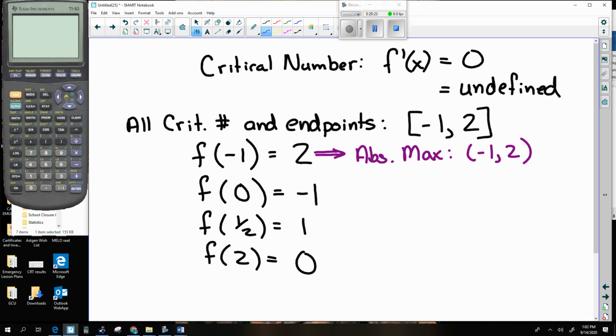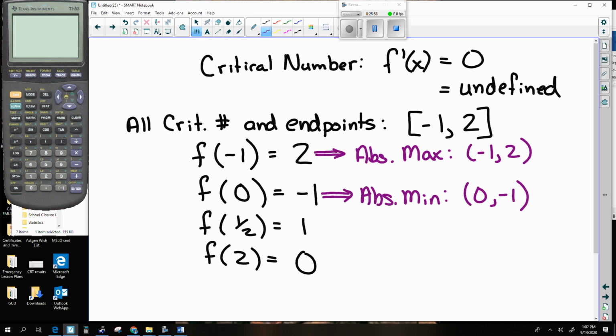See if you can identify the absolute minimum. That obviously would be the smallest answer, and it would occur right here. This would be your absolute minimum, and that would occur at 0, -1. All these other pieces in between are potentially relative minimums and maximums. We're not quite sure, but they're definitely not the absolute mins and maxes.